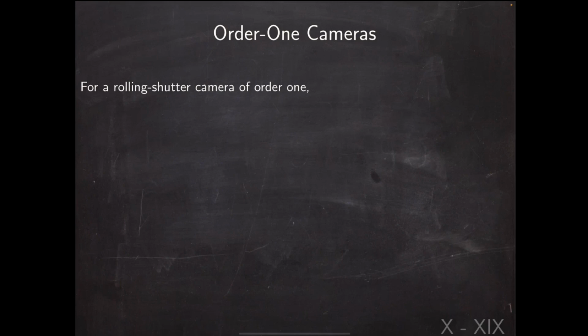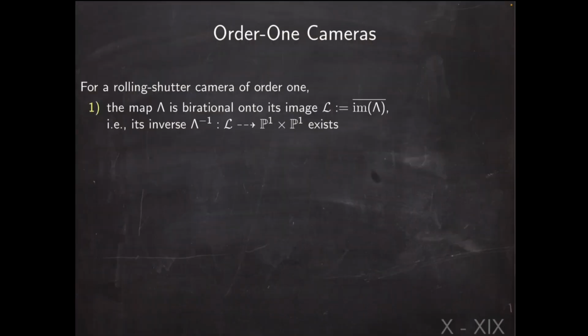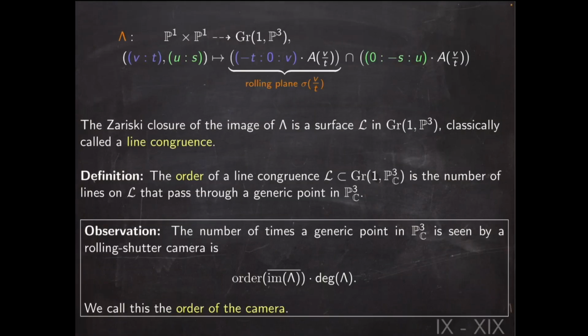Okay, so let us understand cameras of order 1, because then I can tell you very easily a rational map that eats a point in P3 and outputs its unique image point. Because if the order is 1, in this previous, well, I didn't call it a theorem, but proposition or whatever, then the map lambda has to be birational and its image surface has to be an order 1 congruence.